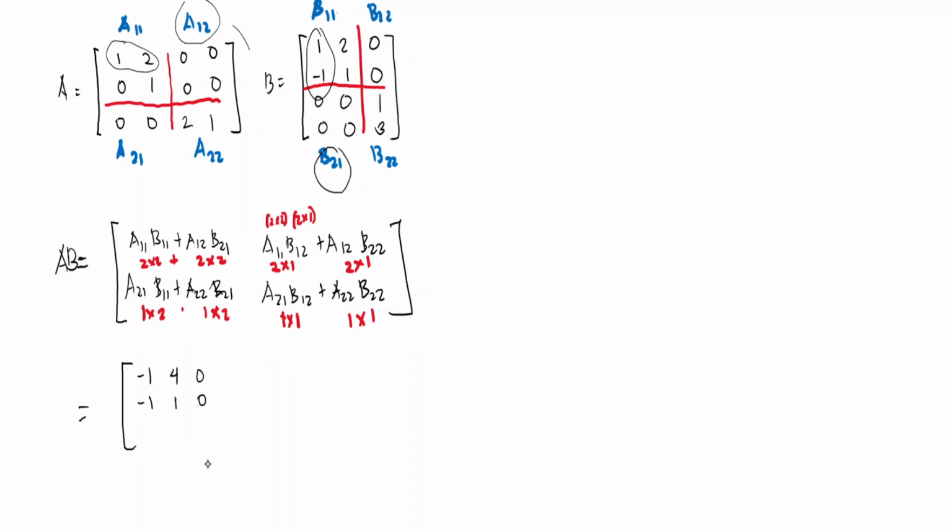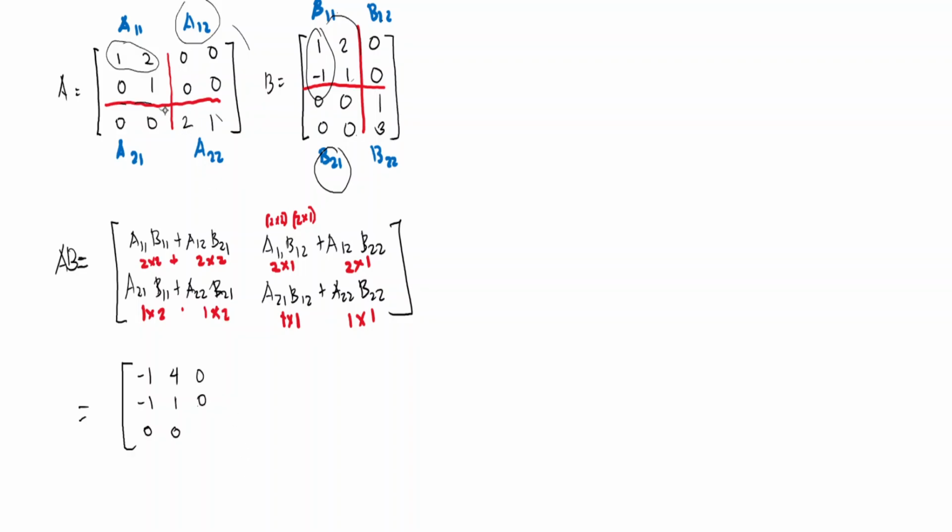So we'll just have 0, 0 there. Next, this entry here must be a 1 by 2 matrix, so 1 row, 2 columns. So we multiply this 0 matrix to this one, that is a 0. And then this multiplied to this 0 matrix is 0. So again, the 1 by 2 matrix will consist of 0, 0 only.